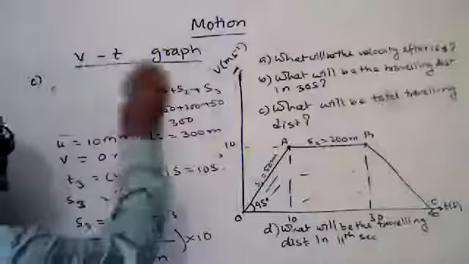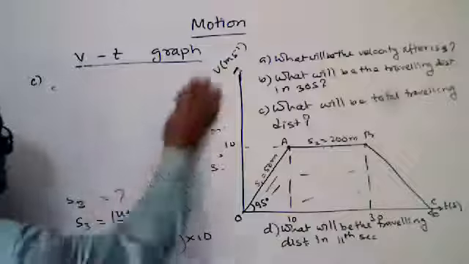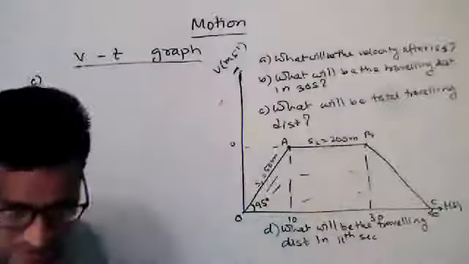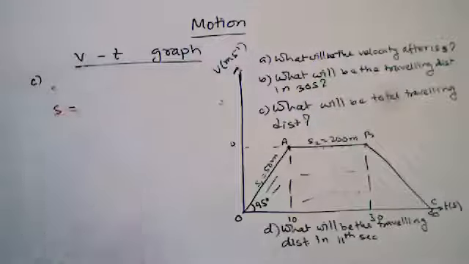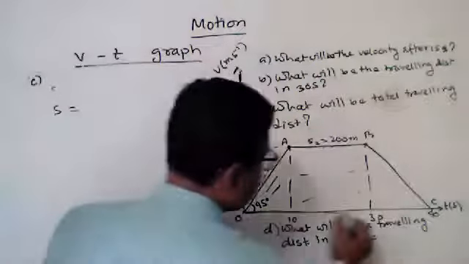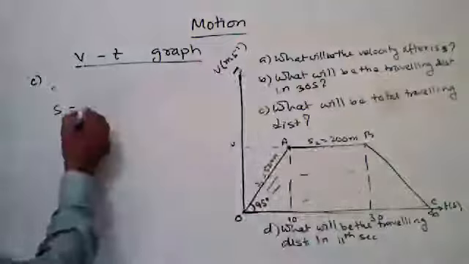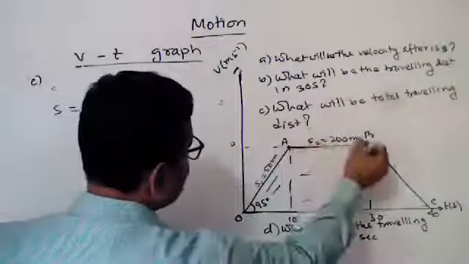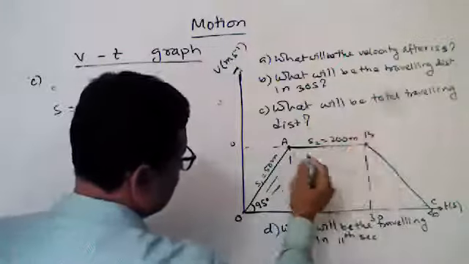Okay. You can determine the total traveling distance by using the formula for a trapezium. How is it possible? Here S equals half into the sum of the parallel sides. This is the parallel side, and this is also the parallel side.